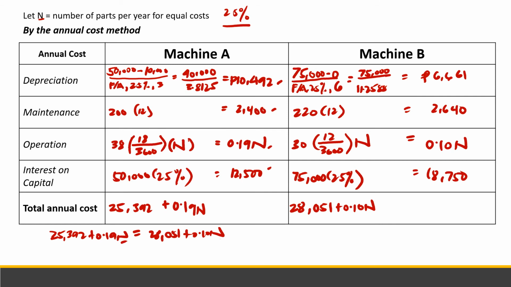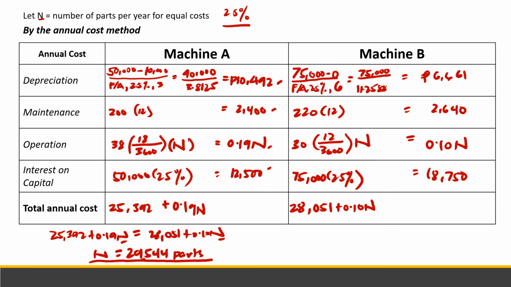So only n yung unknown. So n is equals to 29,544 parts. Okay, so this is the break-even point. So at 29,544 parts, equal yung cost ng dalawang machine.